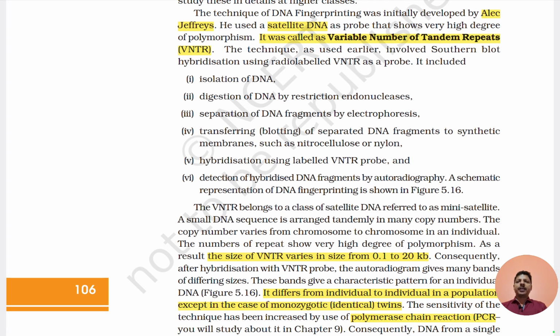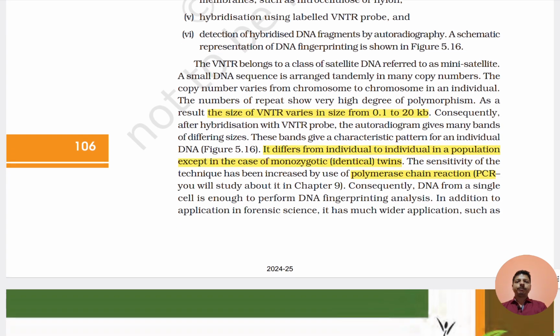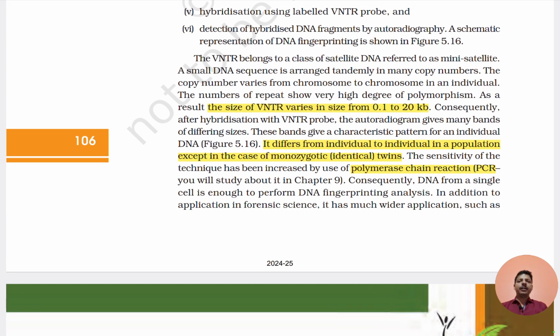First of all, isolation of DNA, digestion, separation, transferring, hybridization, detection of hybridized DNA. The size of VNTR varies from 0.1 to 20 kb. It differs from individual to individual in a population except in the case of monozygotic or identical twins. And PCR, polymerase chain reaction, is given.